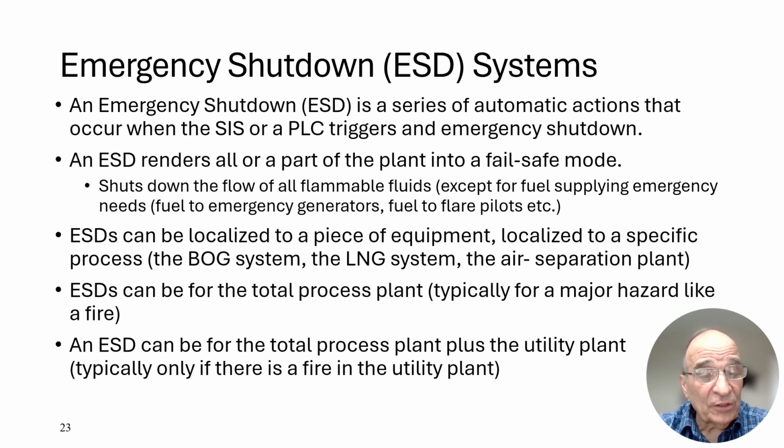ESDs can be for the total process plant, typically for a major hazard like a fire. An ESD can also be for the total process plant, which includes the utility plant. This is typically only in the event of a fire within the utility plant. You would not want to shut down your air compressors unless there is a fire in the utility plant where the air compressors are located.